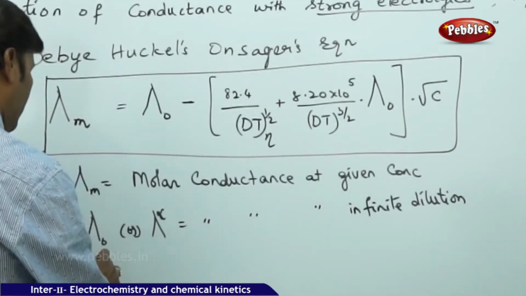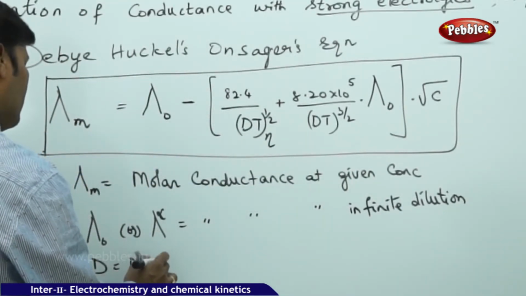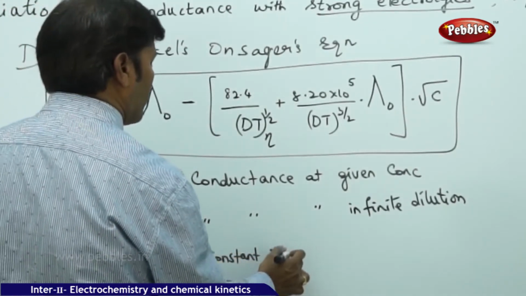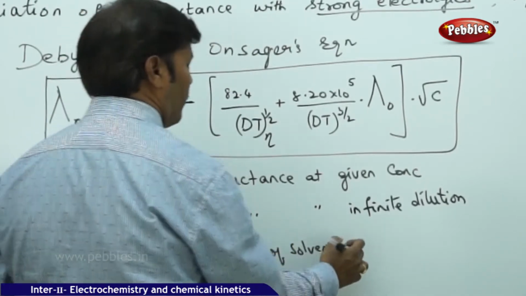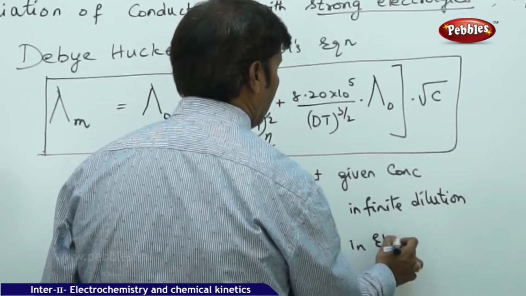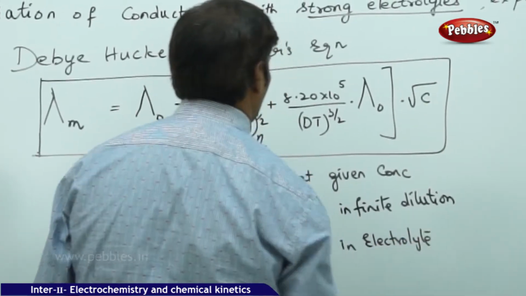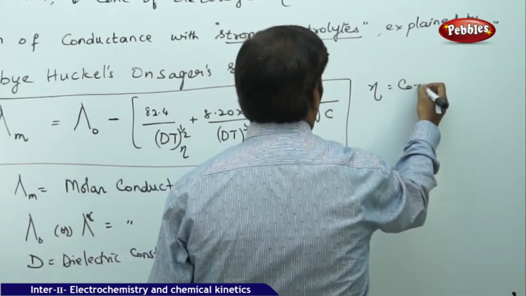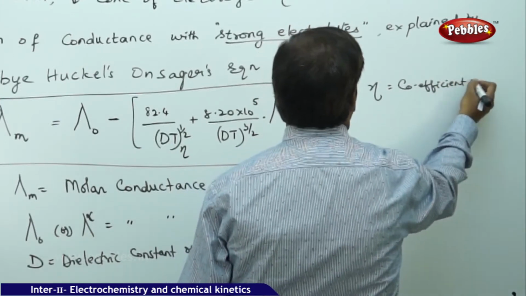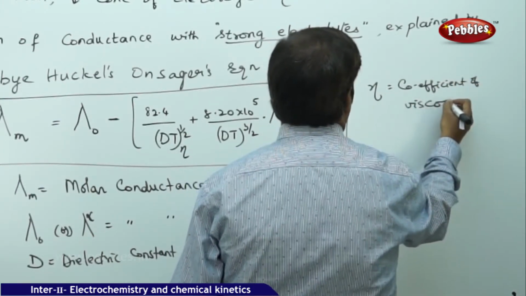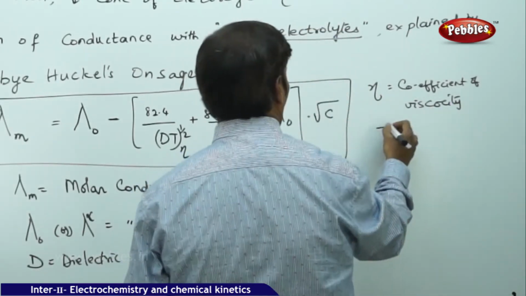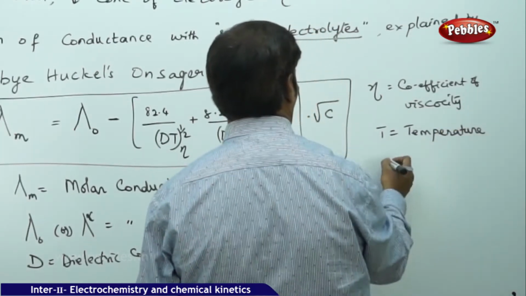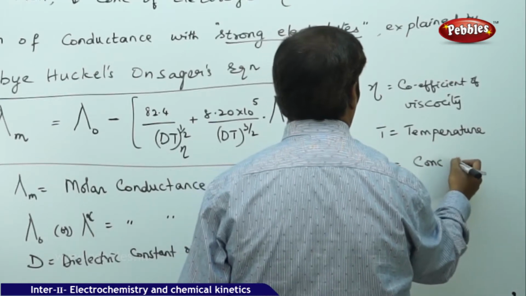D is the dielectric constant of the solvent in the electrolytic solution, eta is the coefficient of viscosity, T is the temperature, and C is the concentration of electrolyte.